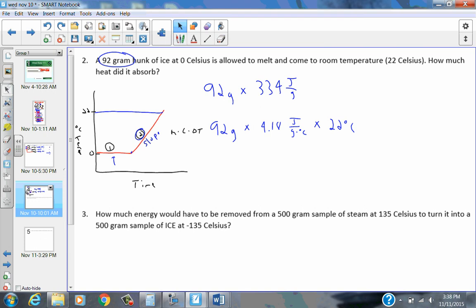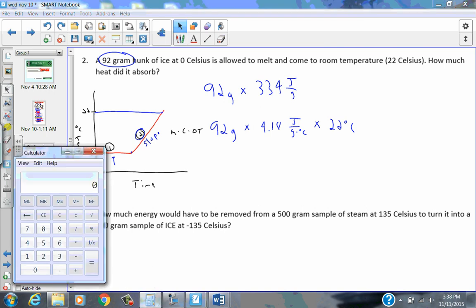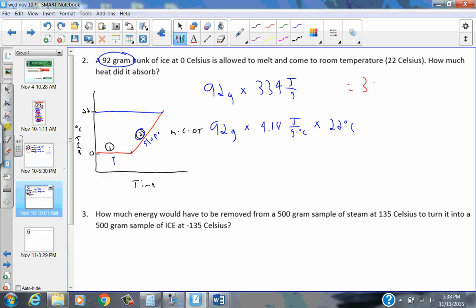Next step up, I'm going to pull up this little calculator. 92 times 334. That number is 30,728. That would be joules because grams and grams are going to cross off.